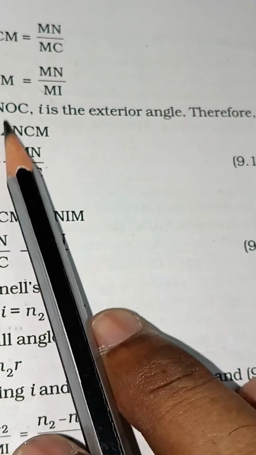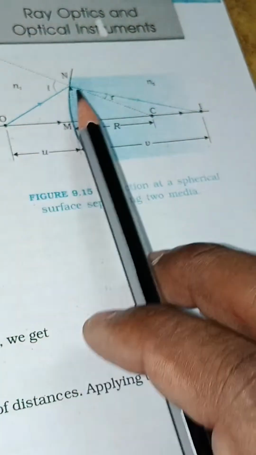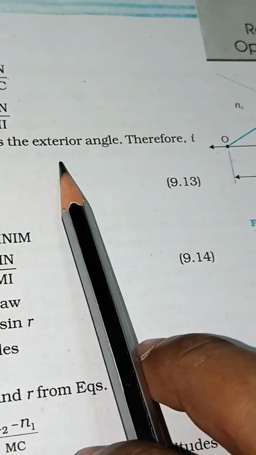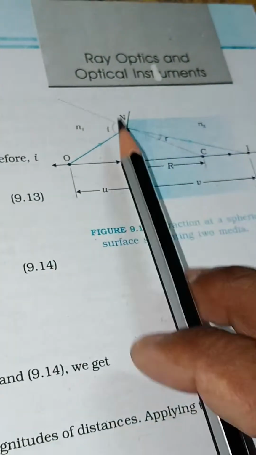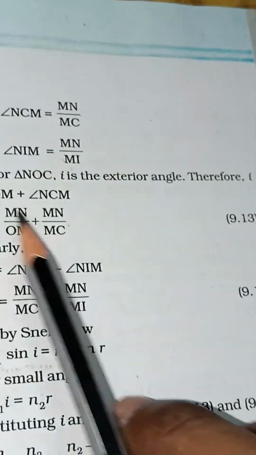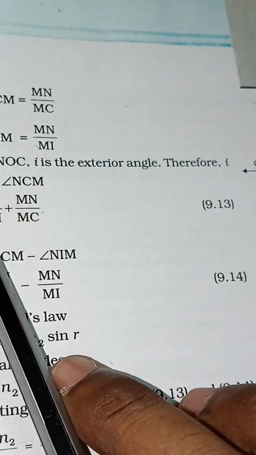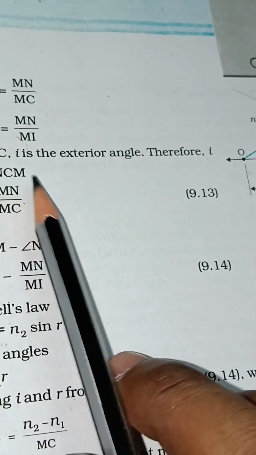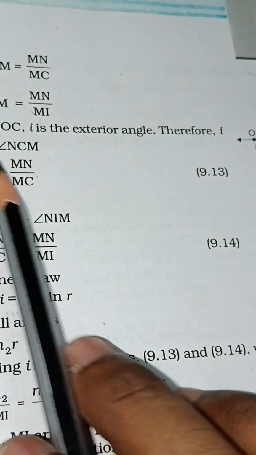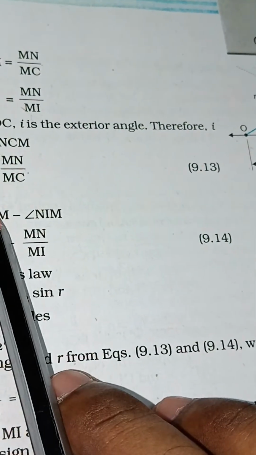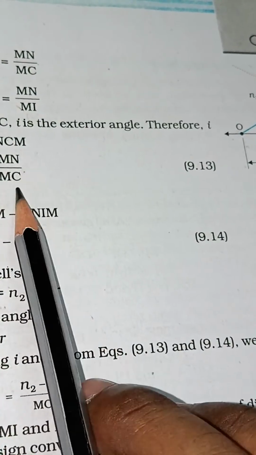Now for triangle NOC in this figure, i is the exterior angle, so angle NOM plus NCM equals i, that is i equals MN upon OM plus MN upon MC.